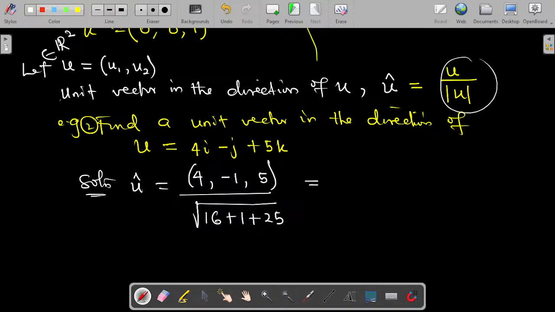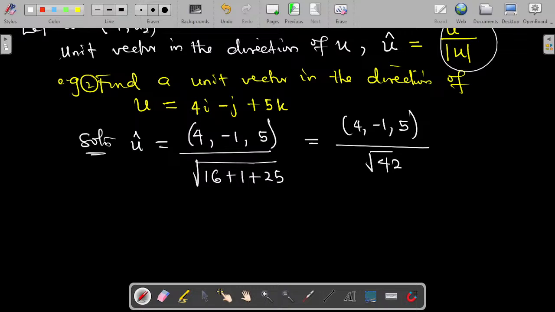If you sum all of this, you're going to get 42. Am I correct? Yes. Square root of 42.